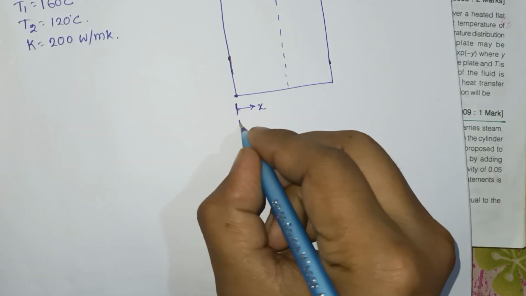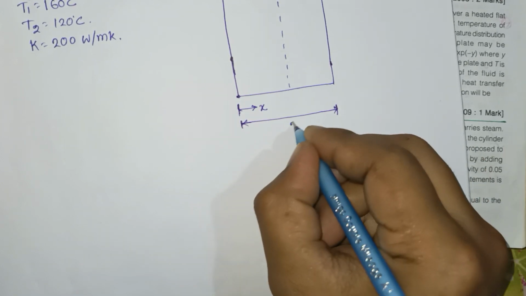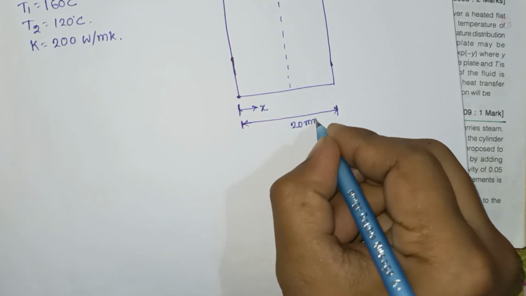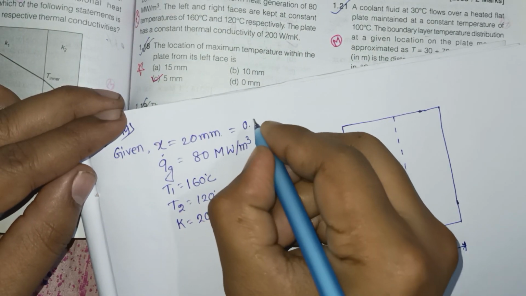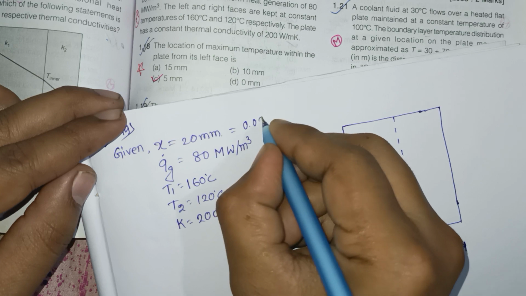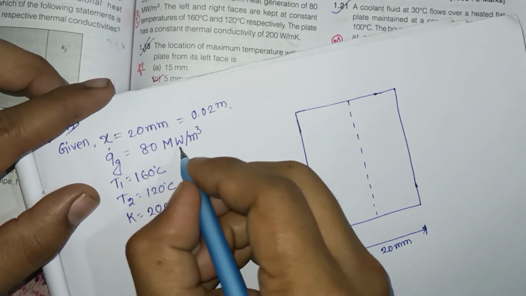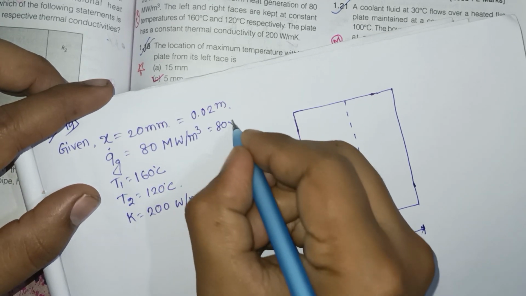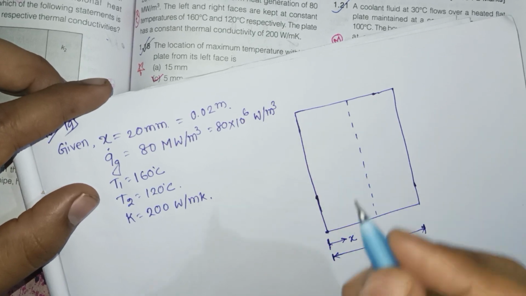Total x is 20 millimeter, which is 0.02 meter. 80 megawatt per meter cube means 80 into 10 to the power 6 watt per meter cube.